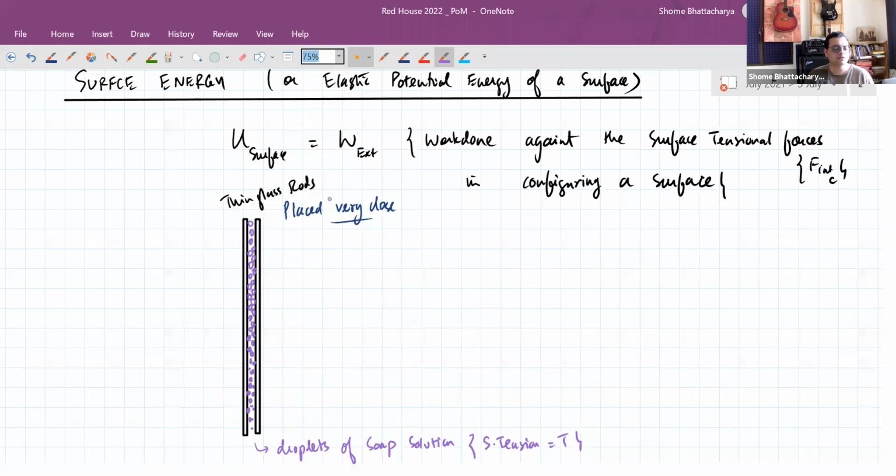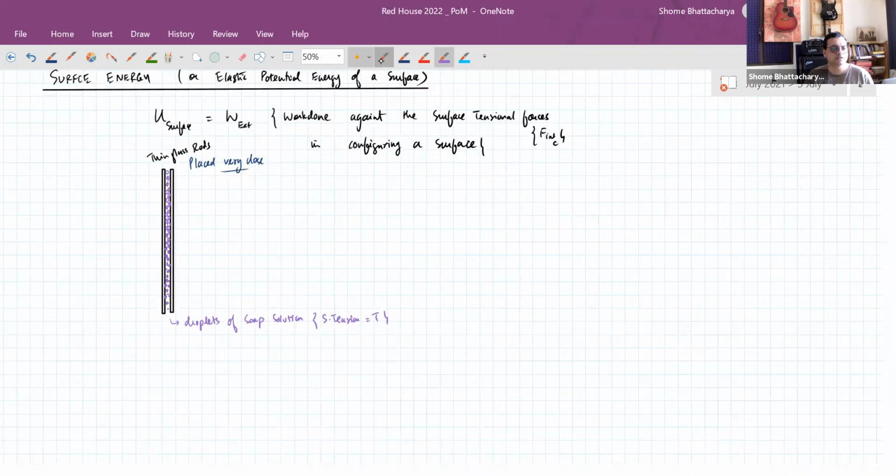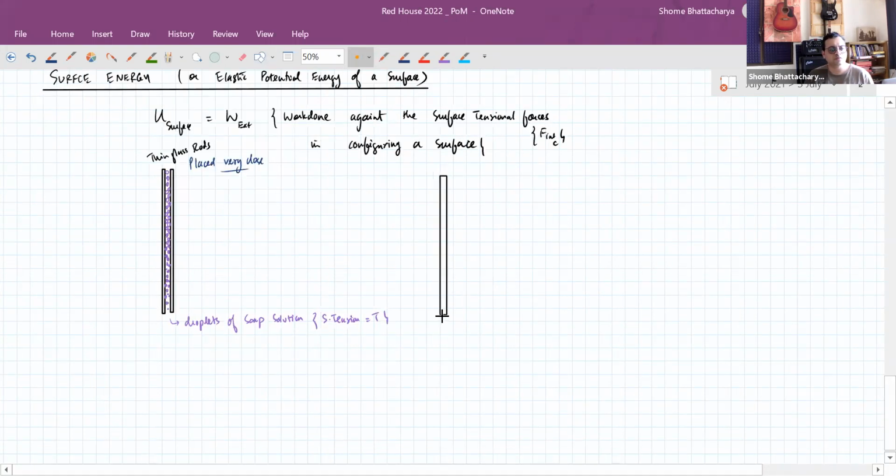But now, keeping one of the rods stationary, if we gently pull out the other rod away from it, so as to create a film of liquid, a film of soap solution, then we would be expending some work in order to draw out this film, and that work would get stored in the surface of that film as surface potential energy.